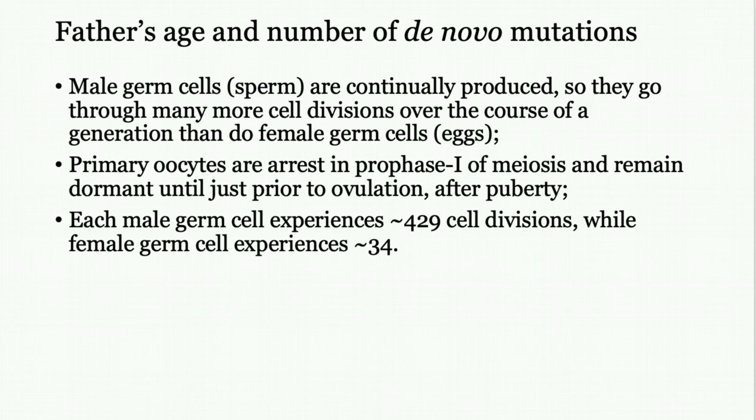So it's around the age of 13, or around the age that puberty begins, and then the male germ cells start to divide again.